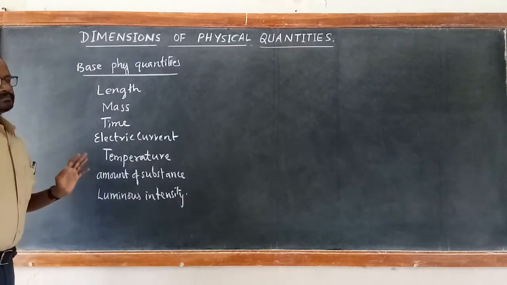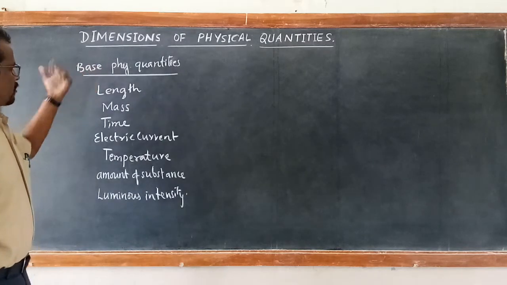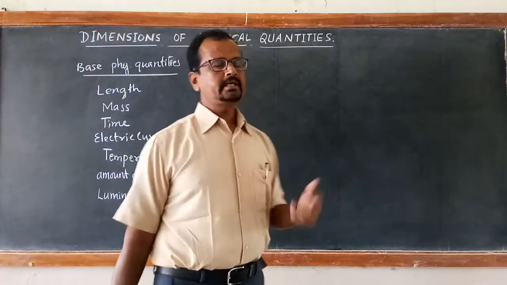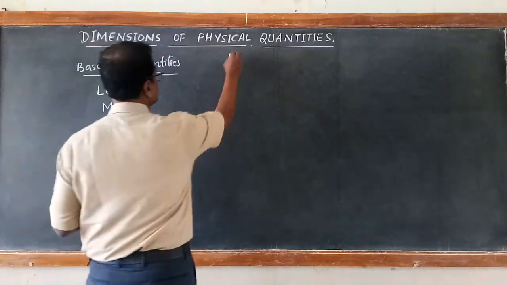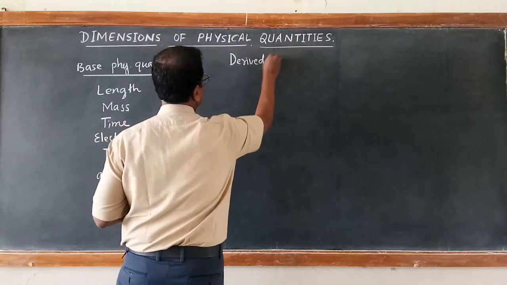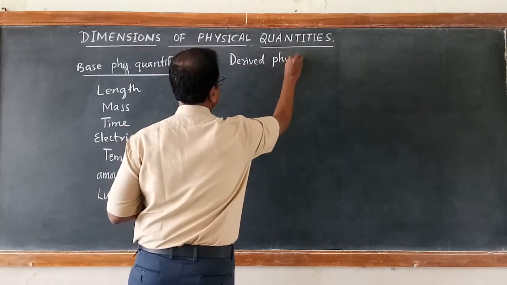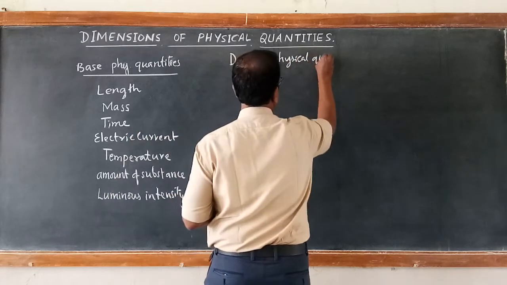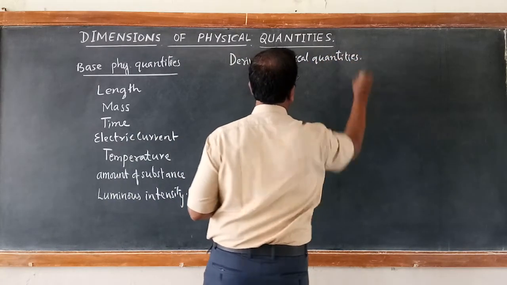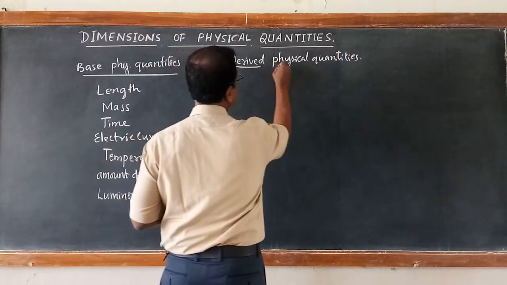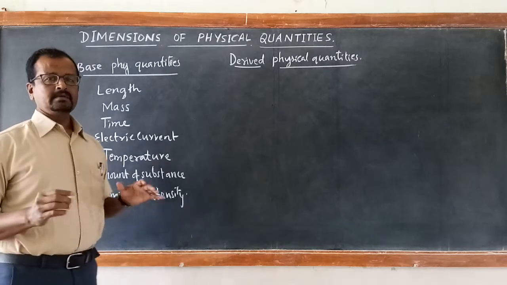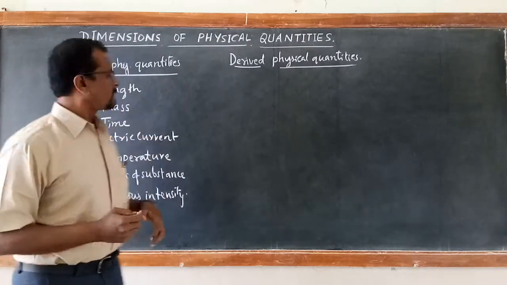By proper combination of these base quantities, we get derived physical quantities. And these derived physical quantities can be expressed in terms of base physical quantities by their proper combination.